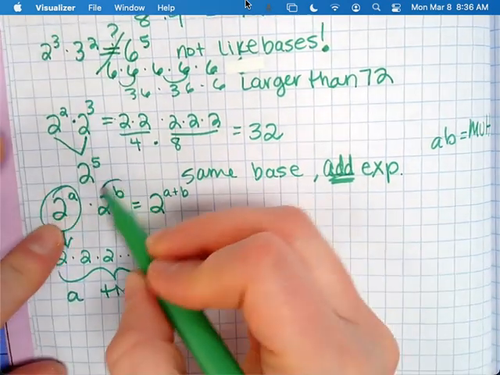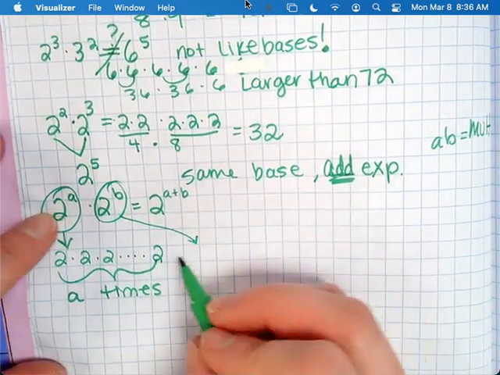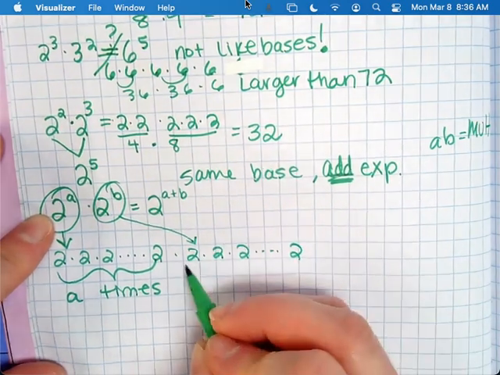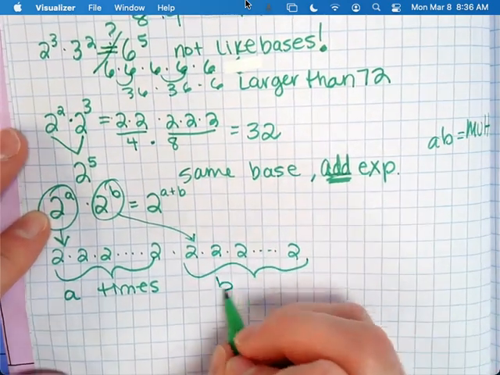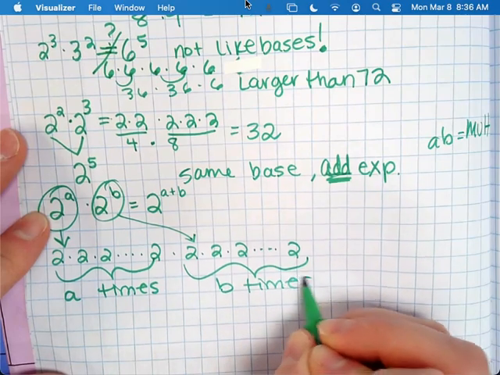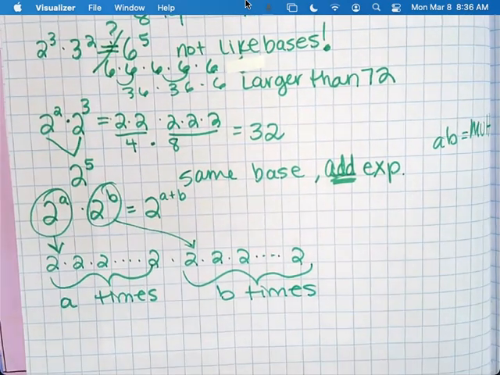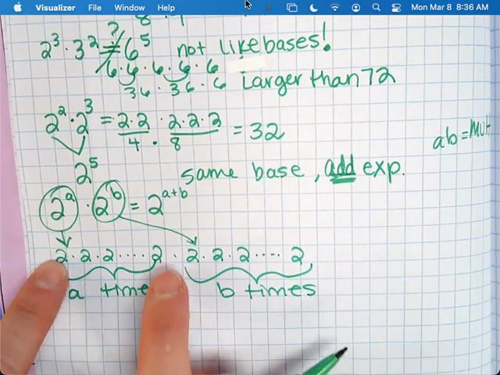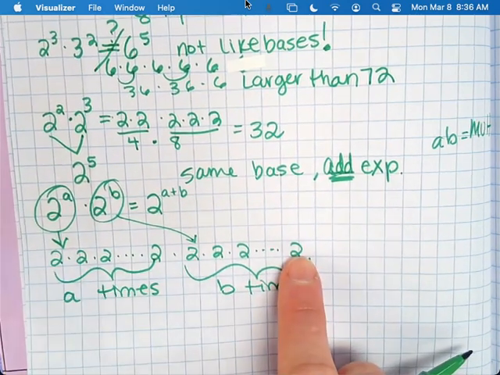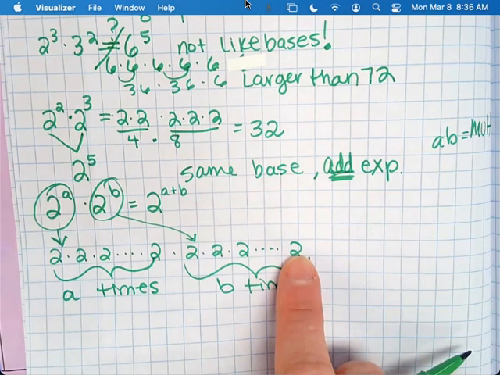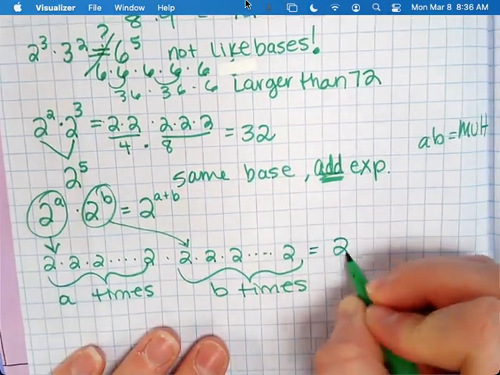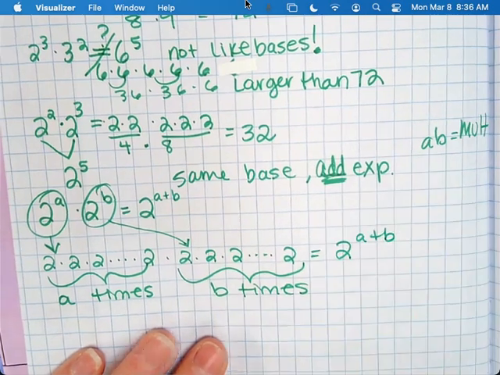And then the 2 to the b means 2 times itself, b times. So we would have to add how many times there are here to how many times there are here. And that would be what our new exponent is. So this means 2 to the a plus b.